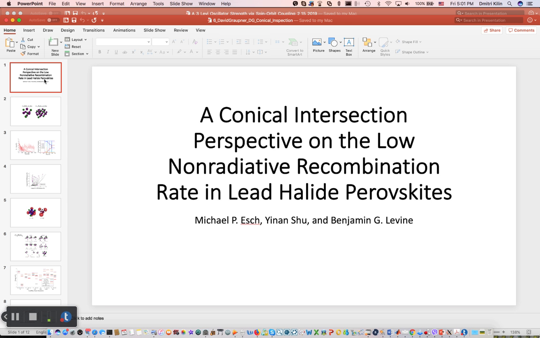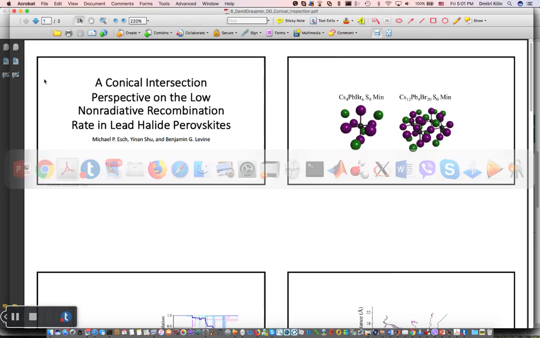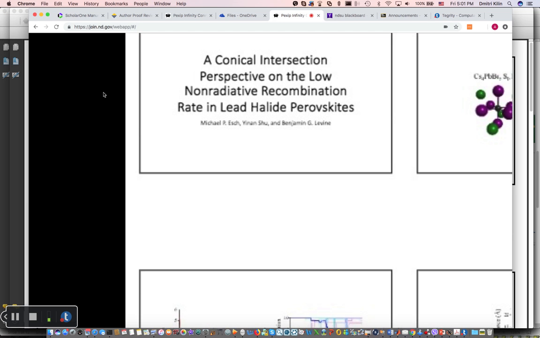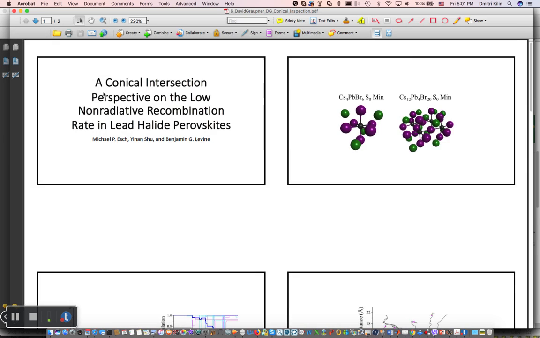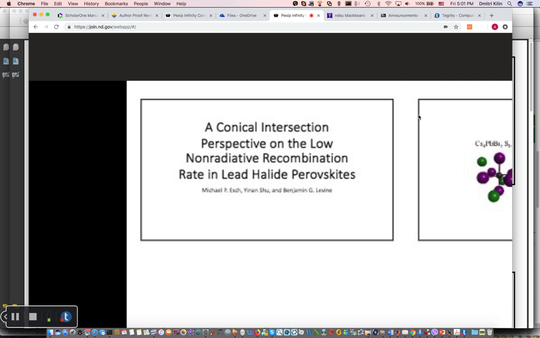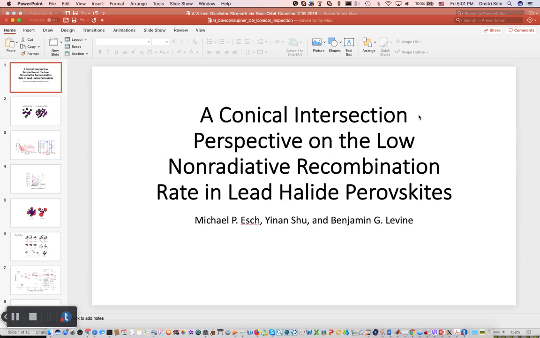So we really want the non-radiative recombination rate to be low, if we're interested in emitting materials. Yes, and that's what they're interested in. So it is low, and then the conical intersection should not lead from the excited state to the ground state. Otherwise you excite and it immediately returns to the ground state without shining light. Yeah, so they do see that they have these. They're just energetically unfavorable.